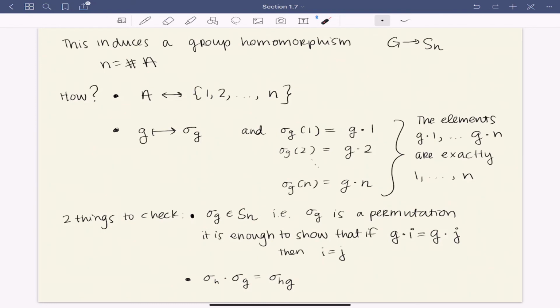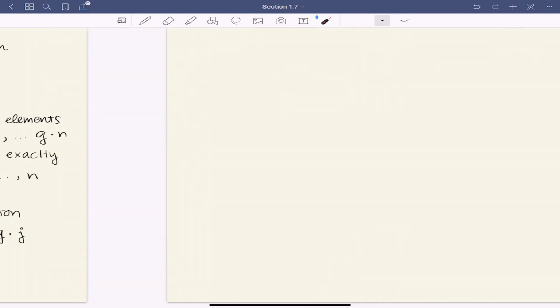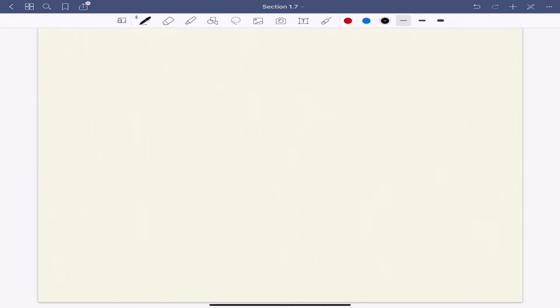So I want to say two things about this group homomorphism. Okay, so note that this homomorphism that we get from the group action might not be injective.